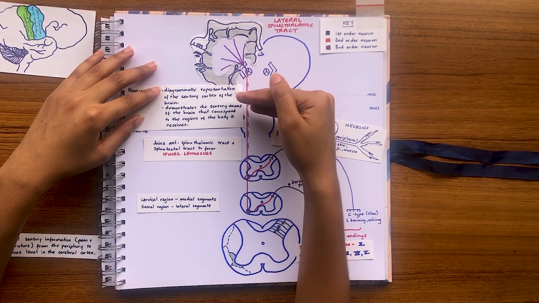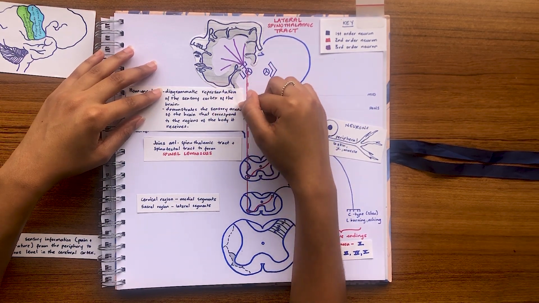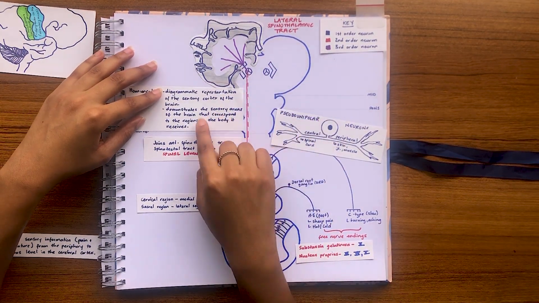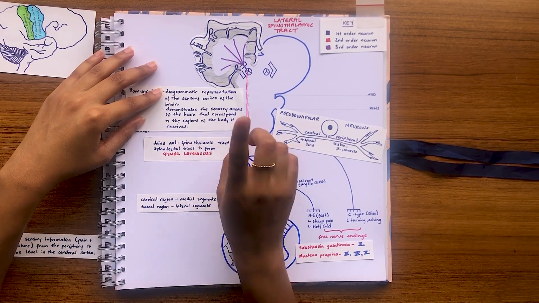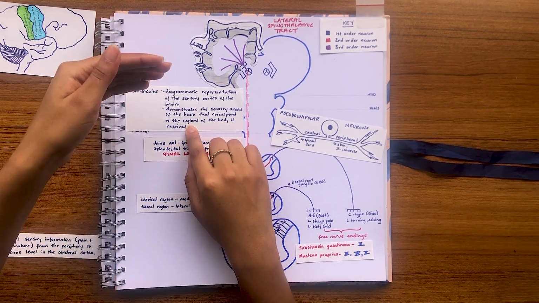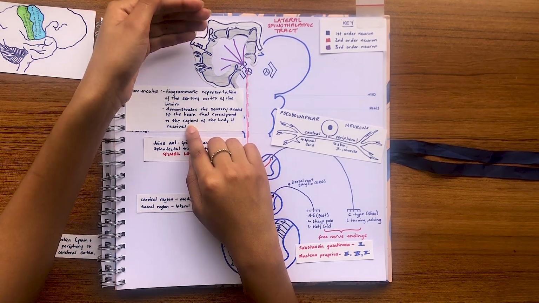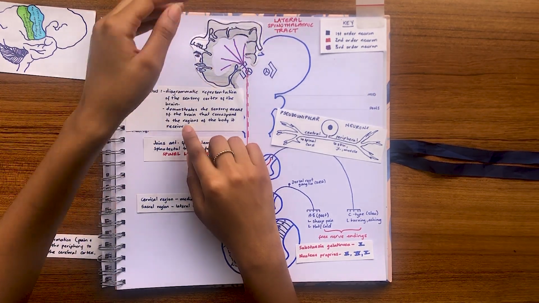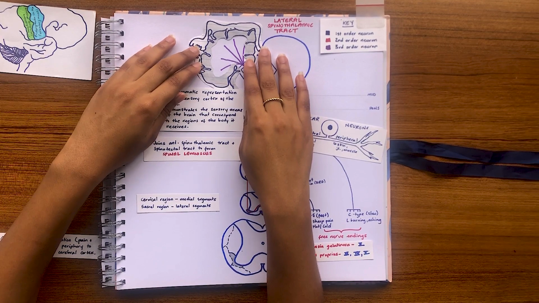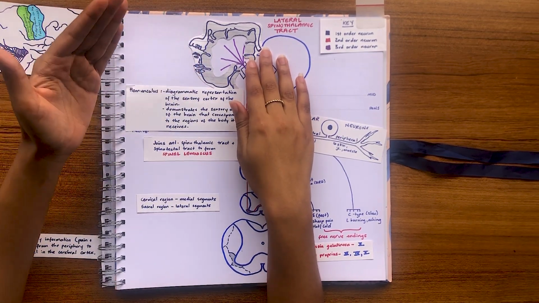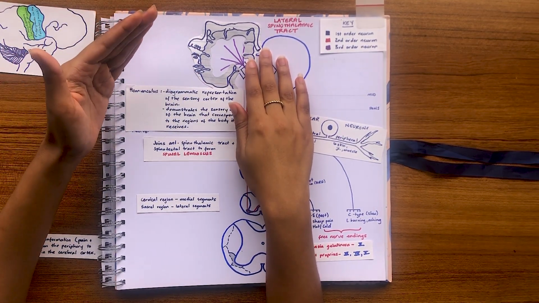It demonstrates the sensory areas of the brain that correspond to the region of the body it receives from. So we have the tongue, the face, the eyes, fingers, hands, stomach, feet, etc. So that is really what happens in the lateral spinothalamic tract.